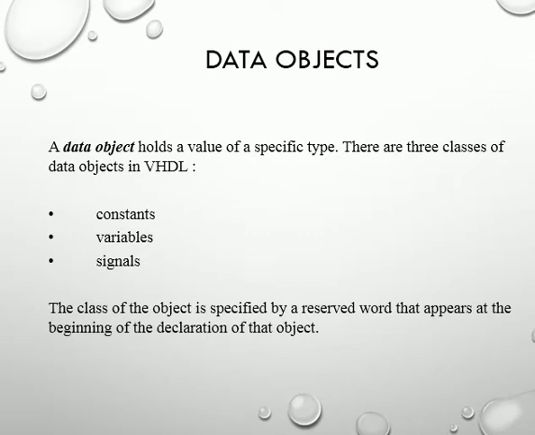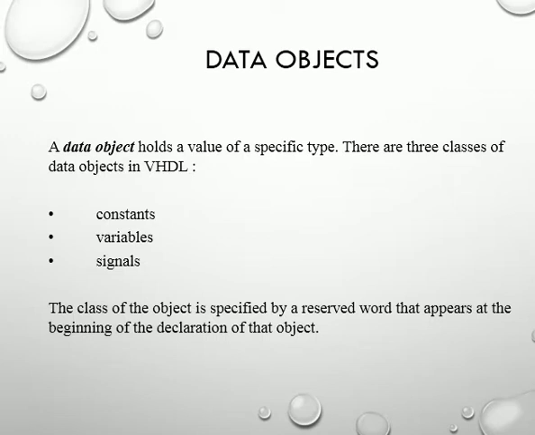Till now we have seen signals, which are used as input or output ports or internal nets. These signals can be considered as wires in a schematic that have the current value or the future value, whereas variables and constants are used to model the behavior of a circuit and are used in processes, procedures and functions.